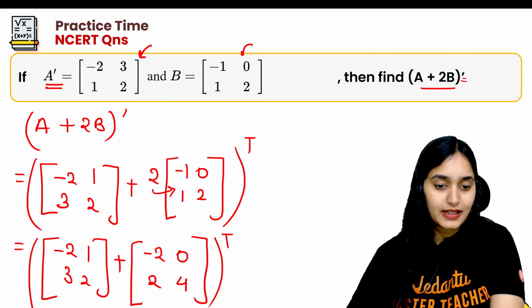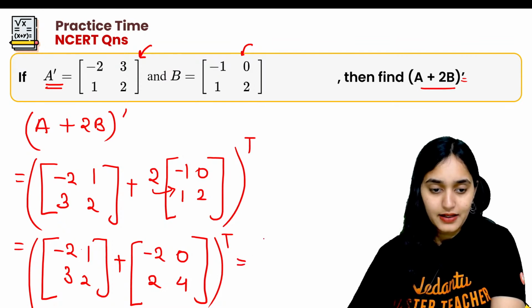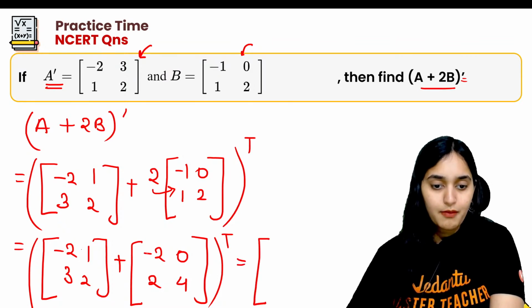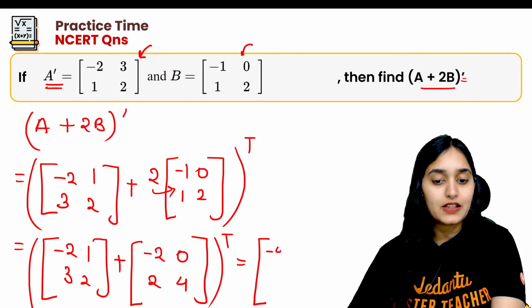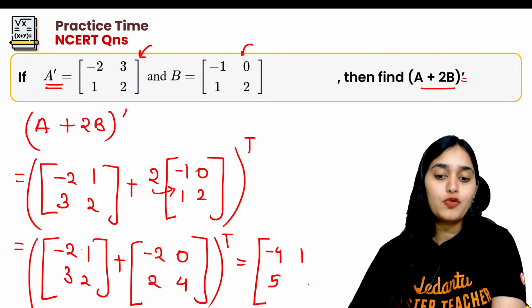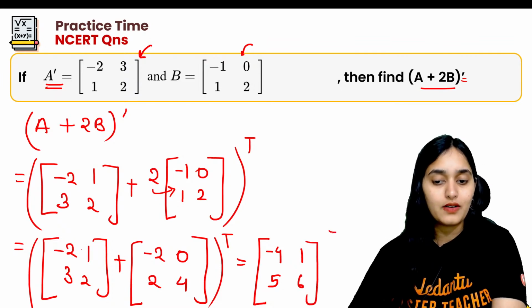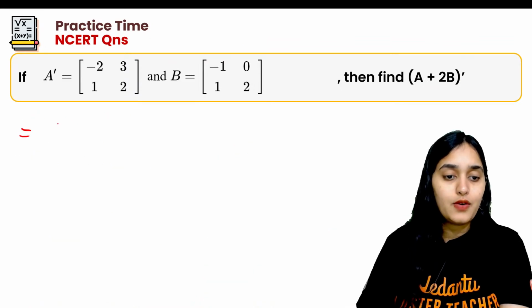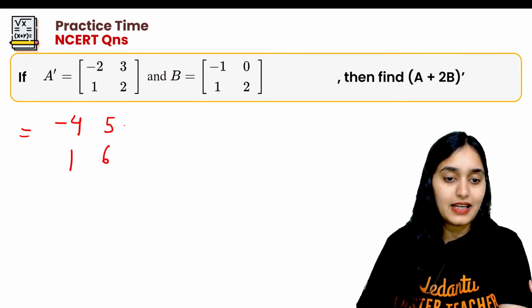So this will be basically, let me add here, we get minus 2, minus 2, minus 4, 1 plus 0, 1, 3 plus 2, 5, 2 plus 4, 6, whole transpose. So this is equal to minus 4, 1, 5 and 6.